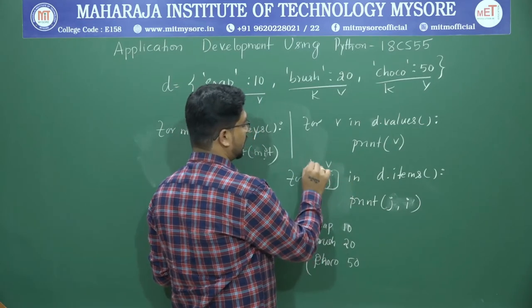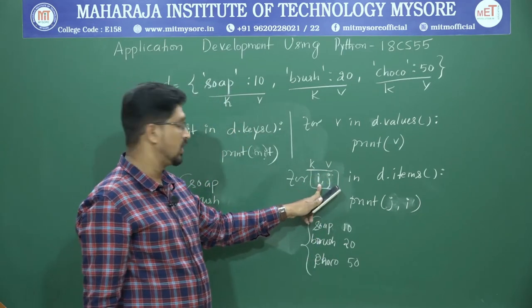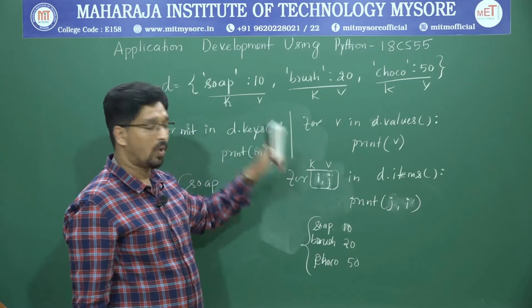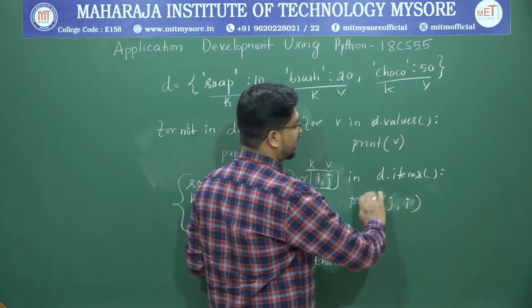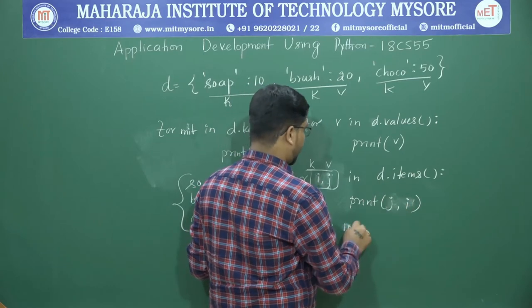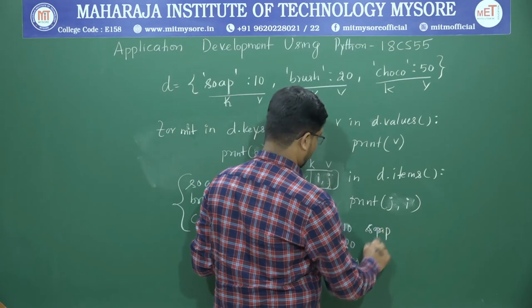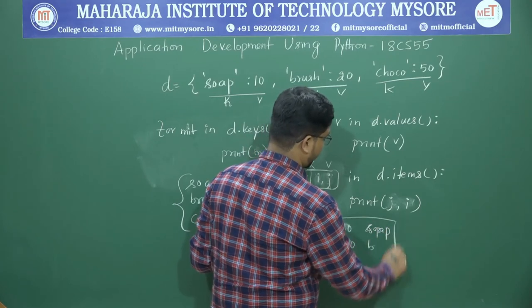This is most important: the first variable points to key, the second variable points to value. Now while printing the results, if you exchange these values, then first you will get 10, then soap, then brush.